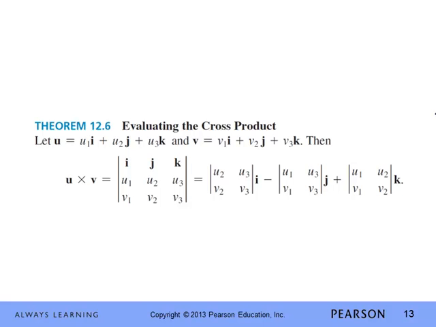Here's how we set up this matrix in order to compute the cross product of U and V. Across the top row of this matrix, we write i hat, j hat, k hat. And then the components of U will go in for the second row. And then the components of V will go in for the third row.